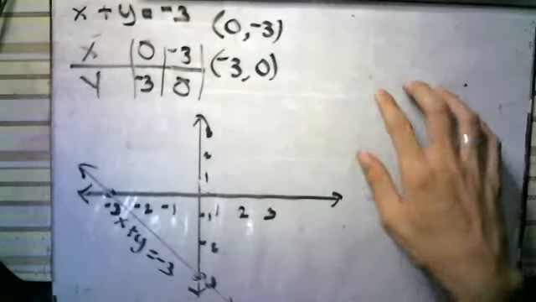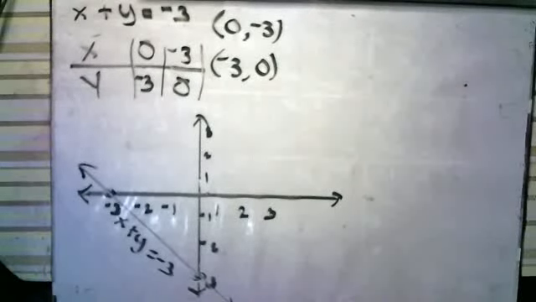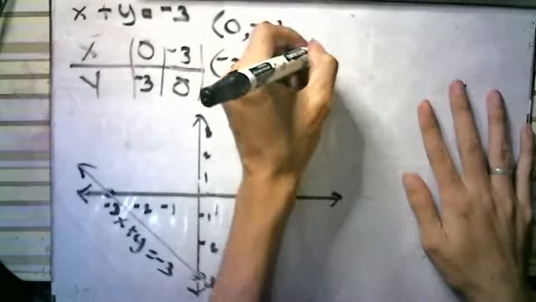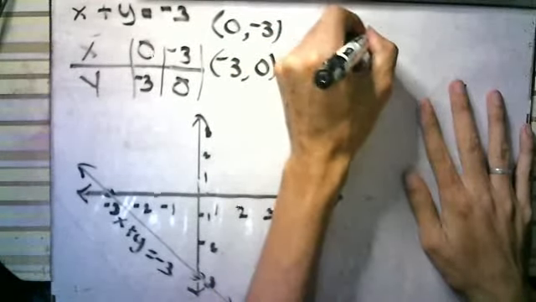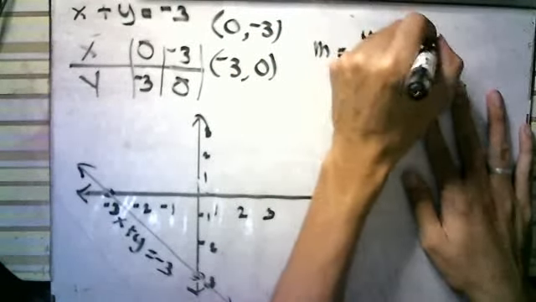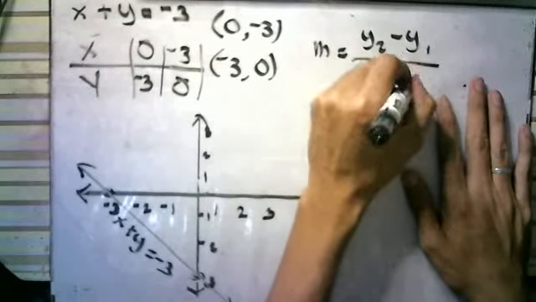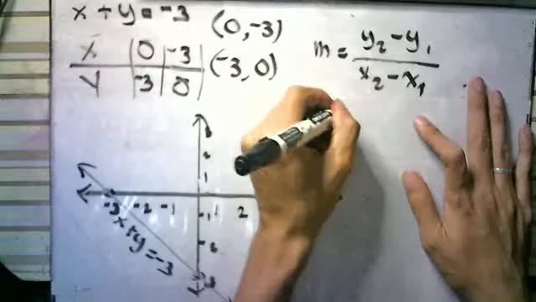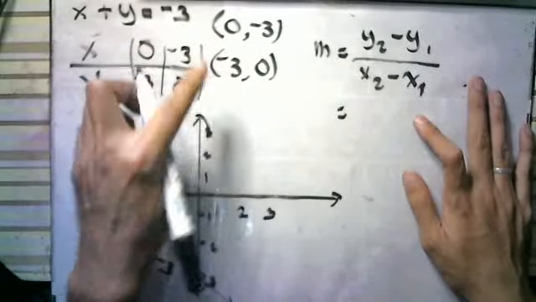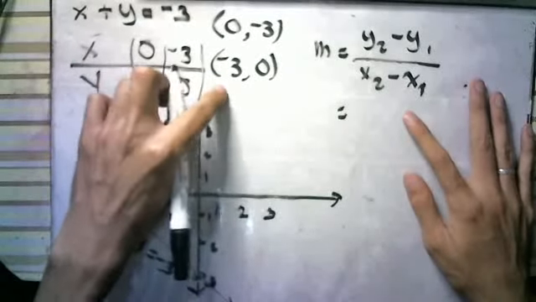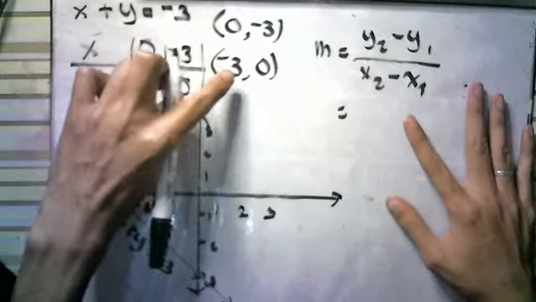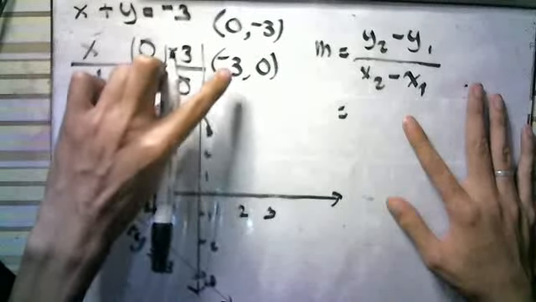That line is x plus y is equal to -3. Okay, next, number 3, we need to find the slope. So, again, the slope m is equal to y sub 2 minus y sub 1 over x sub 2 minus x sub 1. So, that will be equal to, this is your second point. So, ito yung gagawin pong y-axis.